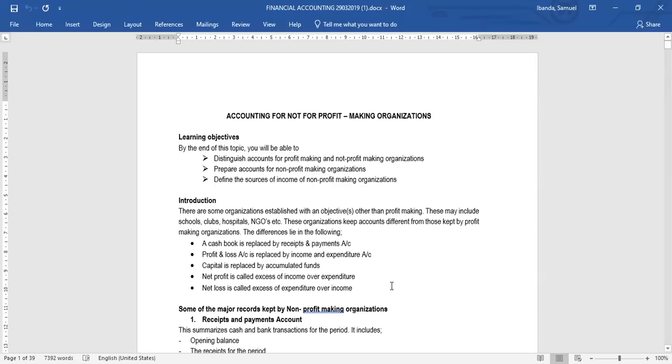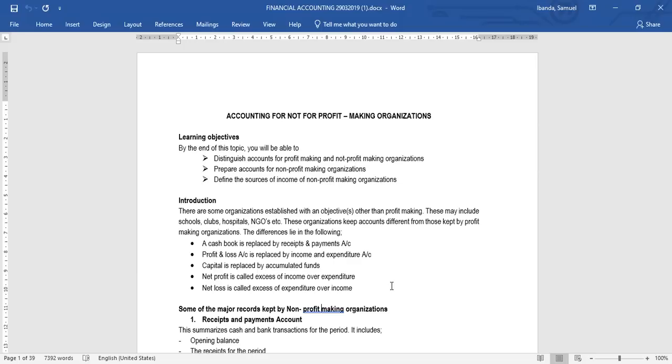With that in mind, our interest is to have you be able to distinguish how accounts for profit making are different from non-for-profit, how to prepare the non-for-profit financial statements, and to understand the sources of income for non-for-profit making organizations, okay? When somebody says non-for-profit, some other people may call this non-government organizations. I think that's a common name, especially in Uganda, but basically the principle is the same, okay?